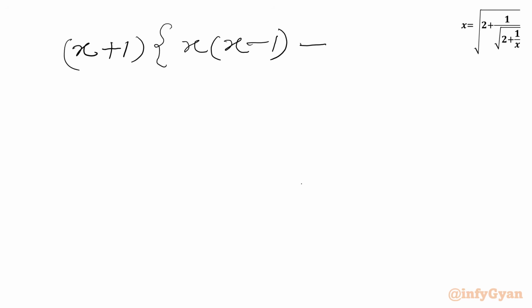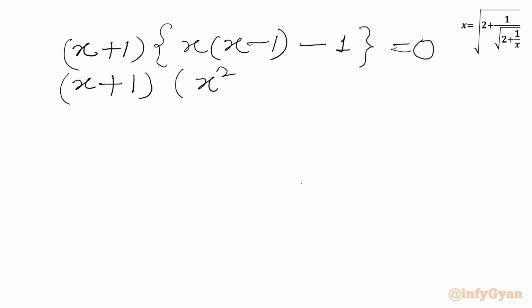We will write here x plus 1. In other bracket, we will write x times x minus 1 minus 1 equal to 0. Or we can write x plus 1 times x square minus x minus 1 equal to 0.